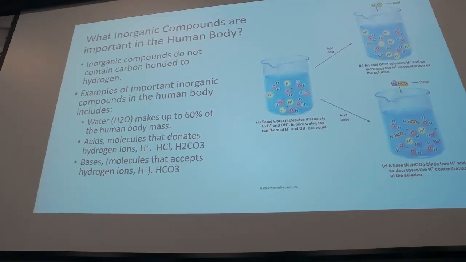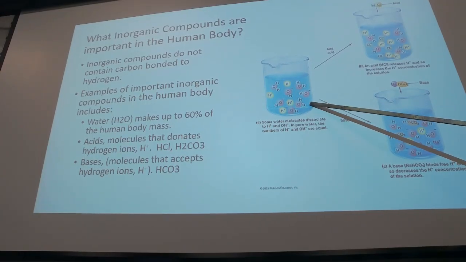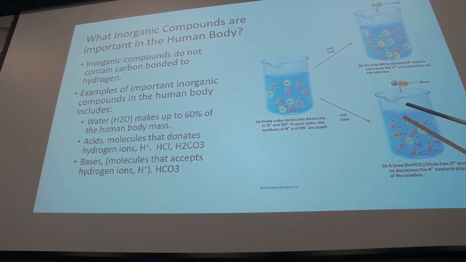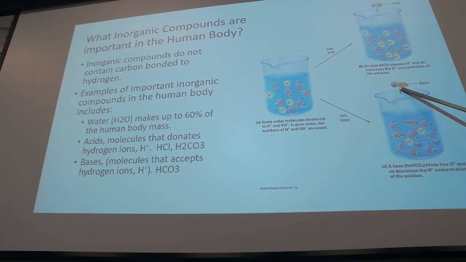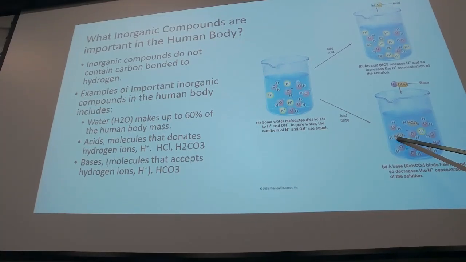An acidic solution, like for instance food that is acidic, like lime juice, has a high concentration of hydrogen ions. And then if you have a beaker with pure water, and you add a base, like sodium bicarbonate, this sodium bicarbonate is going to dissociate in water, and this is going to bind free hydrogen ions, forming carbonic acid.